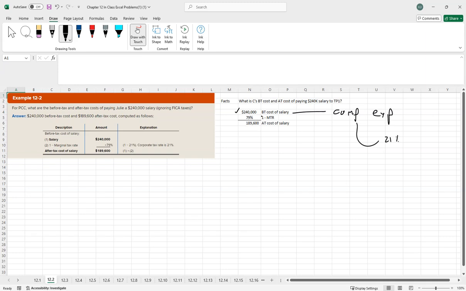So when you back that out, 1 minus the marginal tax rate of 21%, 79%, it's really like, after we consider the tax consequences, yes, it's 240 on paper, but when we back out the tax benefit we get, the deduction, we're only paying 189 to that employee. So that's the setup there.